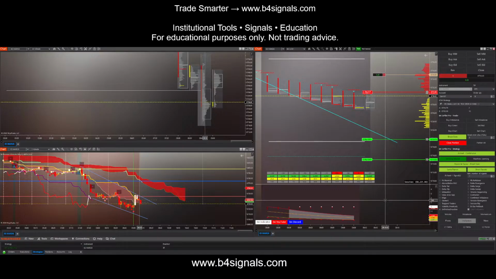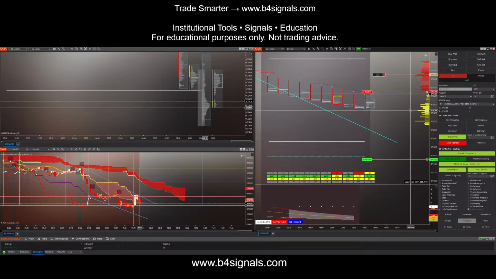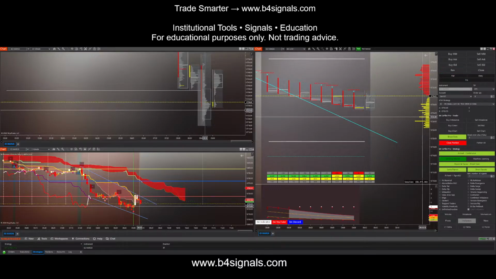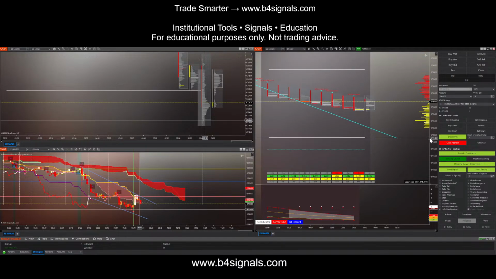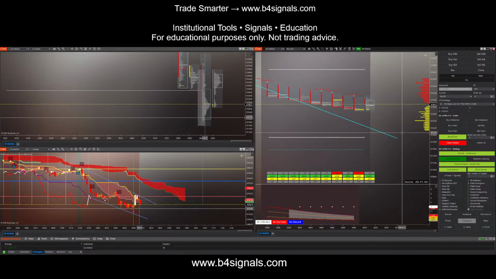A lot of people tell me, Chuck, I love your B4 indicator and everything, but it's not as accurate as my Williams percent R and my awesome oscillator and my doubled up stochastics and my 1233 on my stochastic and all this other stuff.